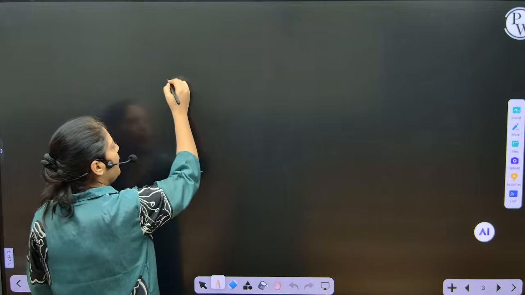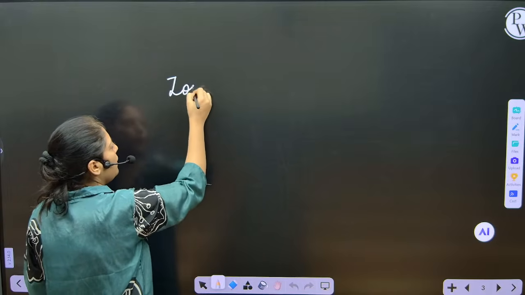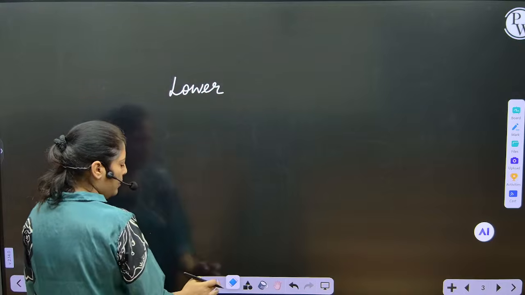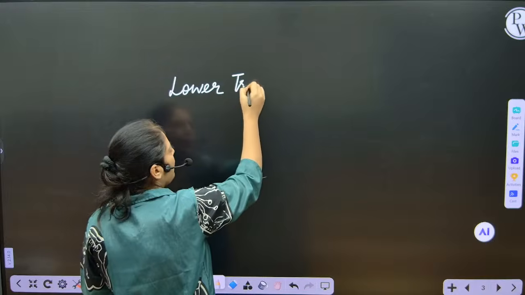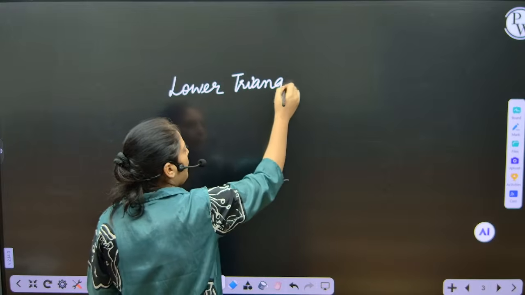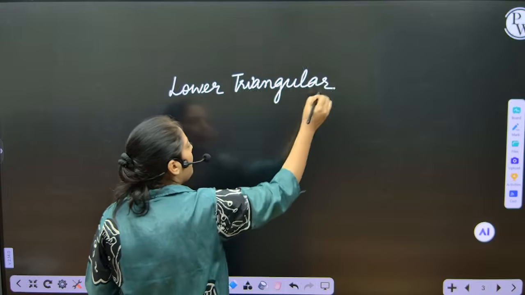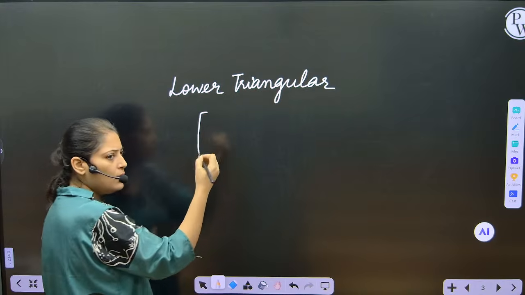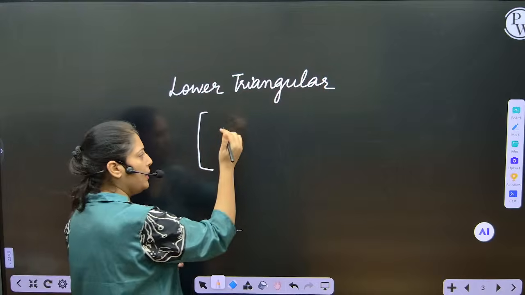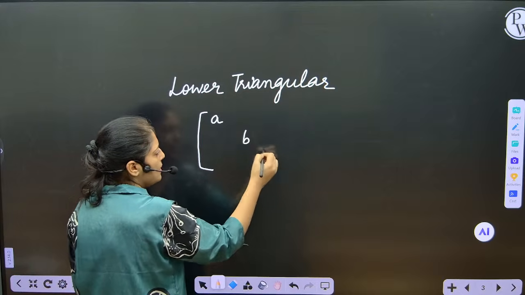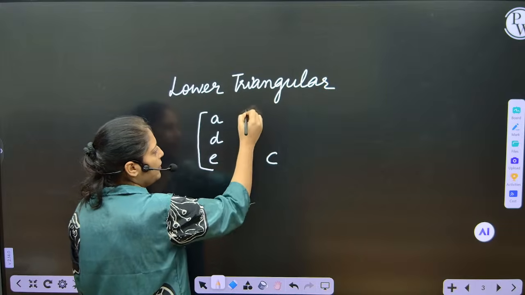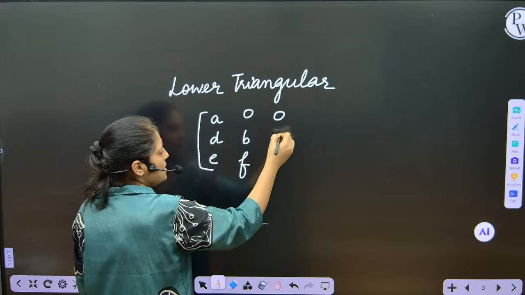Next, similarly, if I talk about the lower triangular matrix, the name is already there. So the down elements will be there, but the up elements, suppose I write A, B, C, D, E, F, will be zeros.